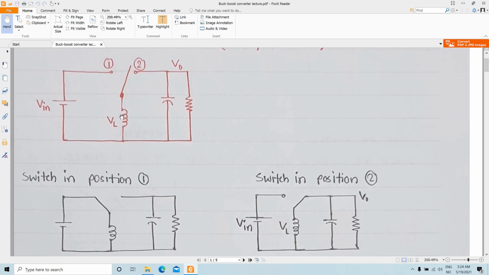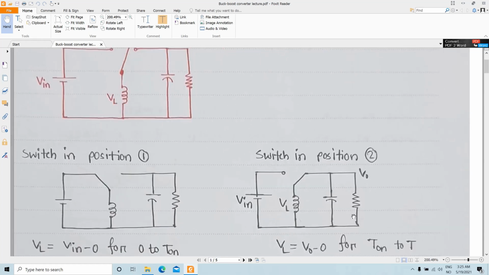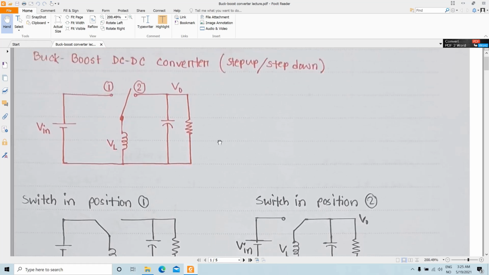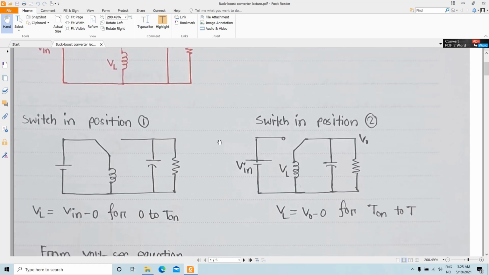After a certain time, when the switch is connected to position number 2, the energy stored in the inductor is released: the inductor acts as the source, and the output is fed from the inductor. This is the basic operation of the buck boost type DC-DC converter.